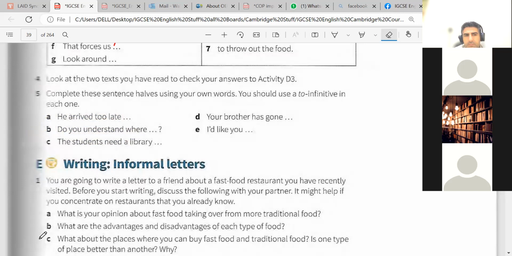He arrived too late to attend. He arrived too late to what? To attend. To attend. Okay, not clear, Khalid. To attend what? To attend the meeting, for example, to attend the class.